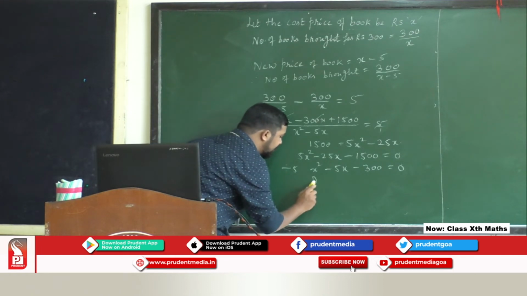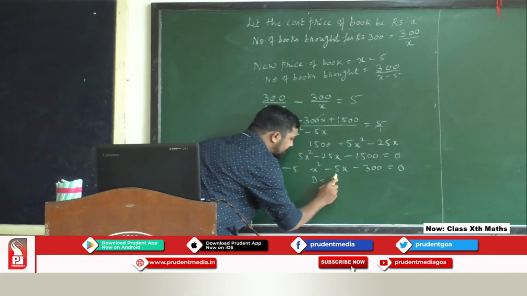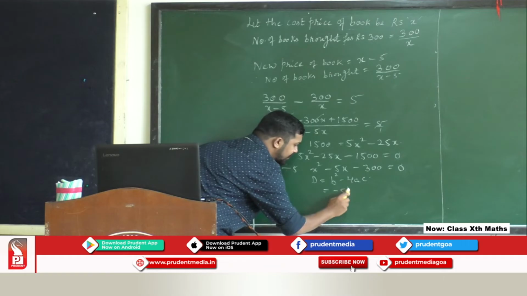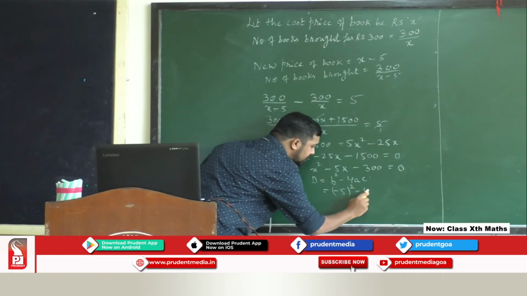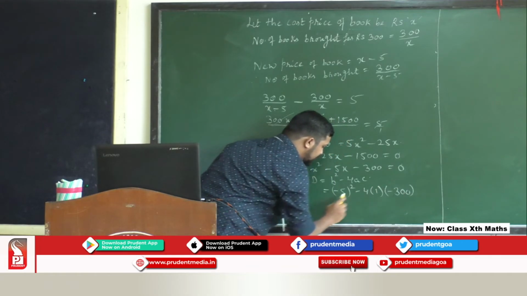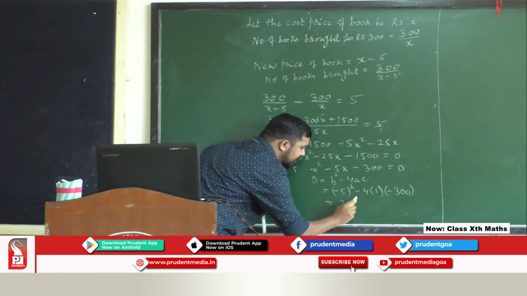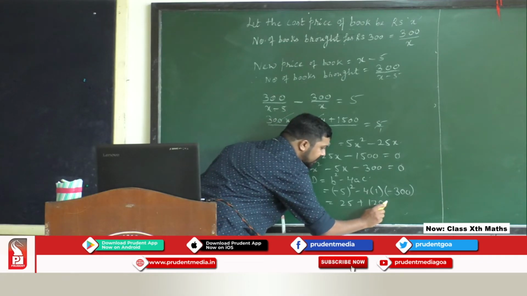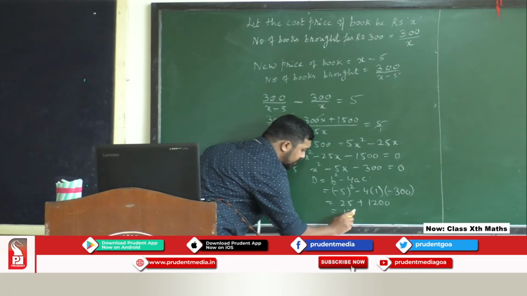Solve, find D, b square minus 4ac. So minus 5 the whole square, 5 square is 25, minus into minus plus, 4 3s are 12, 1225.